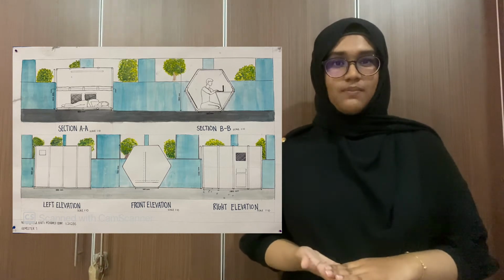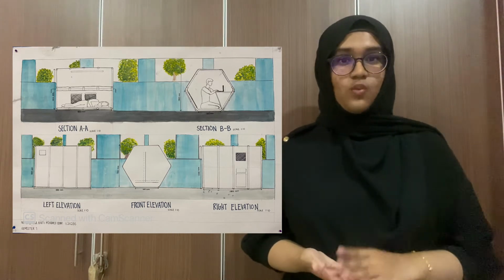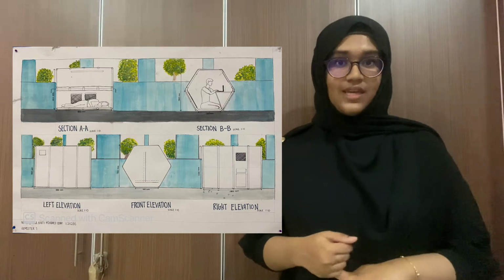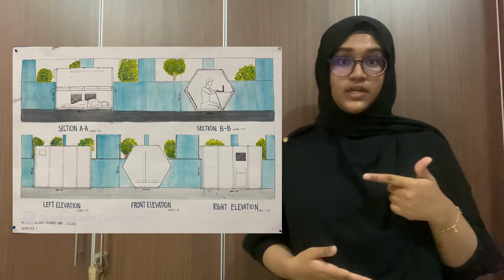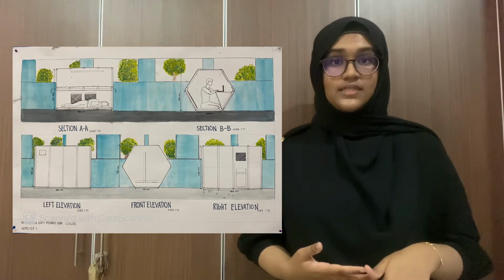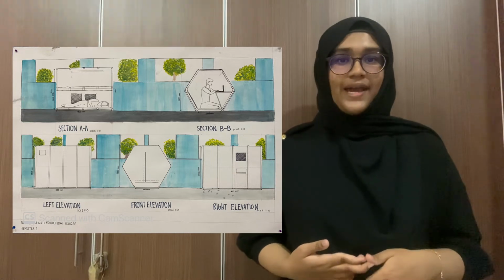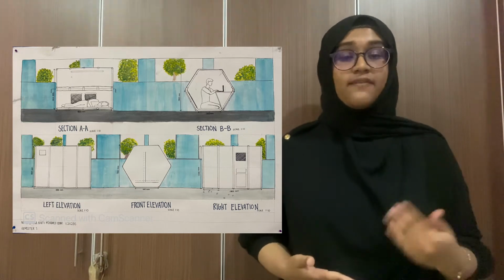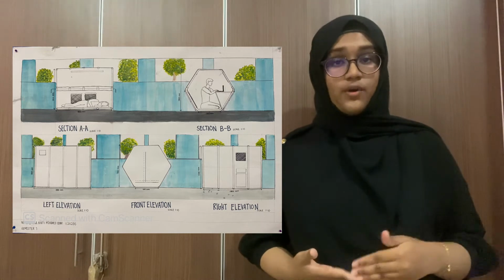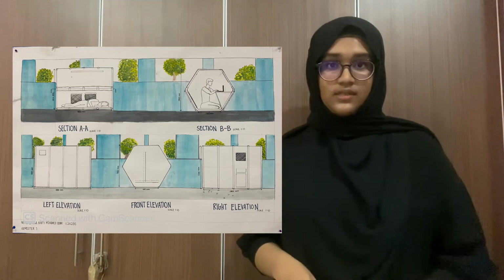This is the best dimension I came up with that fits one person to sleep, rest and eat. As shown in the picture, this is the elevation in the section of the pop-up pod. I have attached storage pocket on the side of the pod so they can put their belongings inside them.